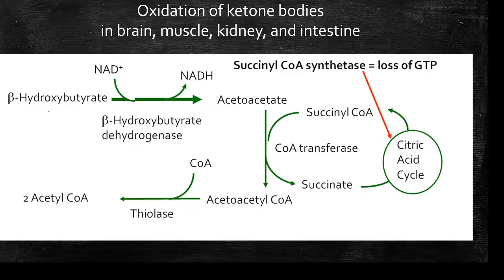When energy is needed, beta-hydroxybutyrate will be released. Beta-hydroxybutyrate dehydrogenase acts on it and converts beta-hydroxybutyrate to acetoacetate.